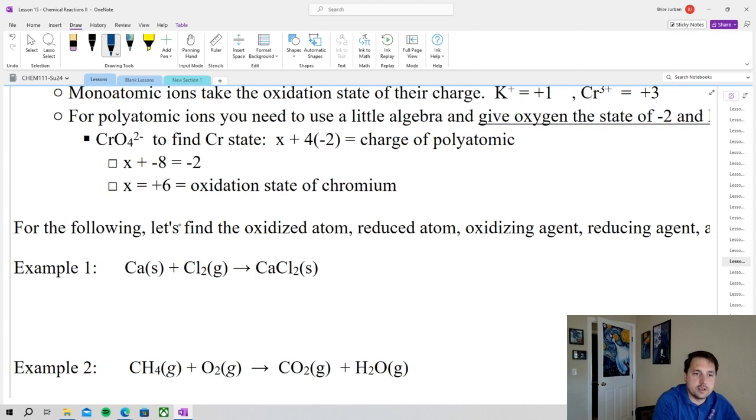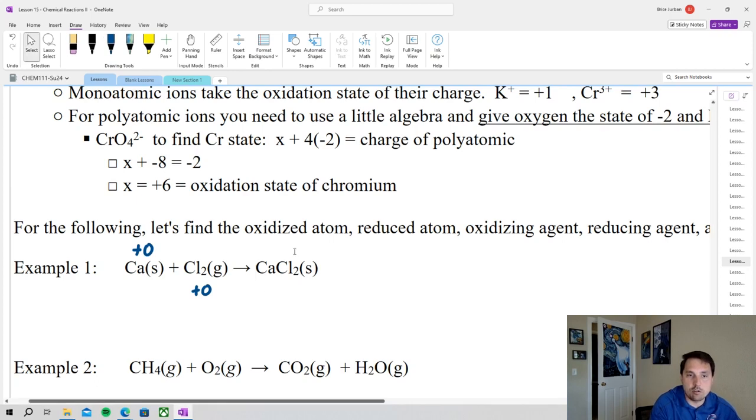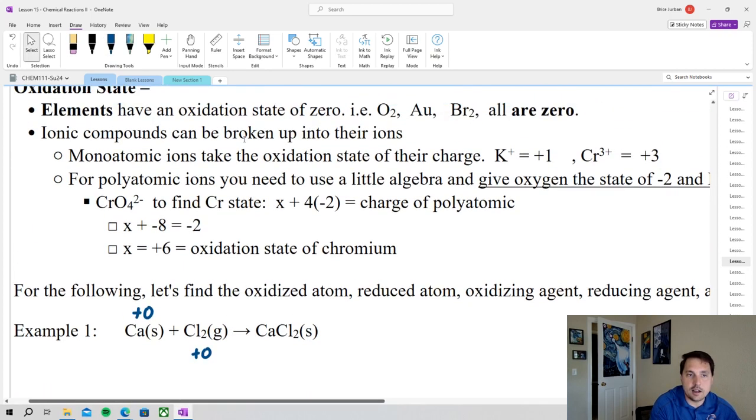What I like to do is write one of them above and one of them below. And then on the right side, we'll see that the calcium and the chlorine form a compound. So this is a combination reaction. And the calcium now has a +2 charge because in calcium chloride, it's an ionic compound.